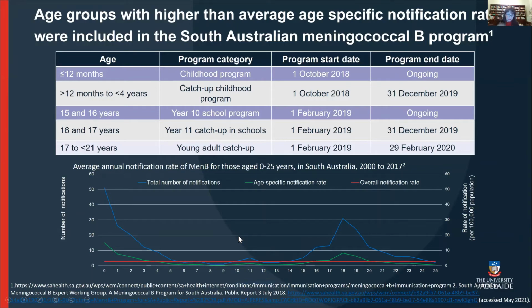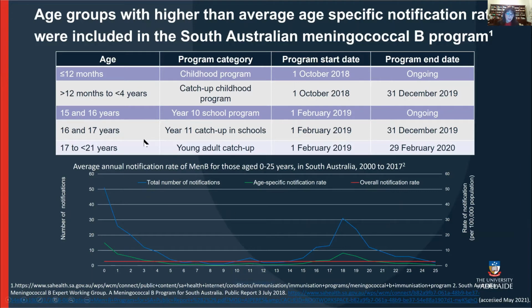You'll see in that graph, the way we decided what age groups to include in a free program in our state was to include any age group with an age-specific notification rate higher than average, and that average is represented by the red line, over the 2000 to 2017 period. Any age represented by the green line that was above the red line, the average, was included in the program.